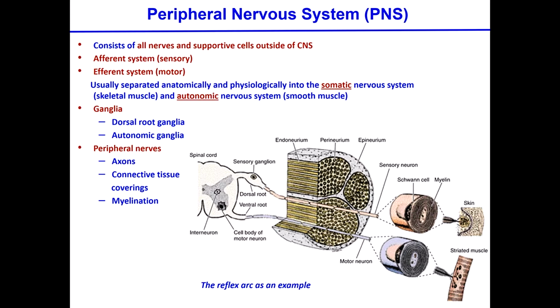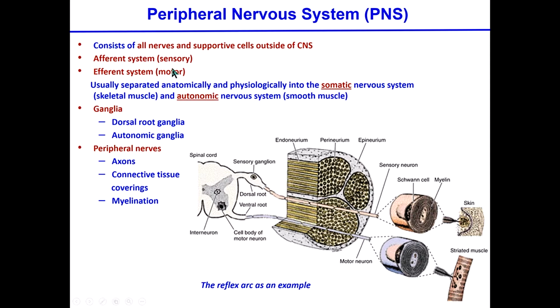We have been using these names from almost the very second slide that I used today. Remember that there are sensory neurons, sensory fibers, sensory nerves, and those are the ones actually receiving signals from the environment and sending these signals to the command post.